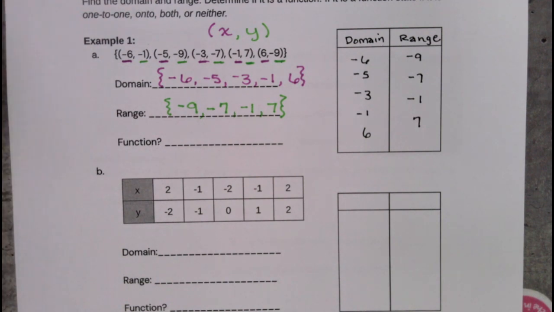And then we're going to map them. So if we look at -6, what does -6 map to?